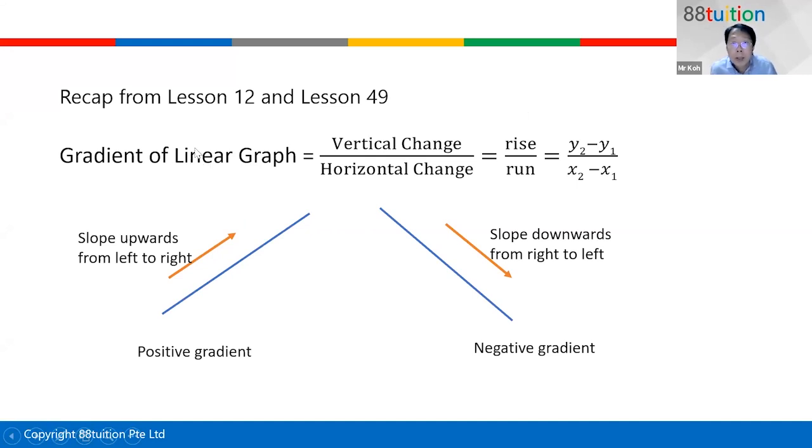The other thing that you also need to recall from secondary 1, finding the gradient of a linear graph, you will also learn it as vertical change over horizontal change. Or the other one that you remember is rise and run.